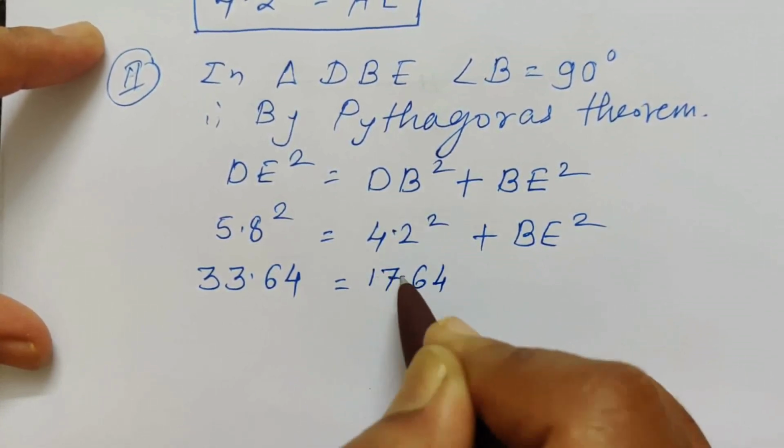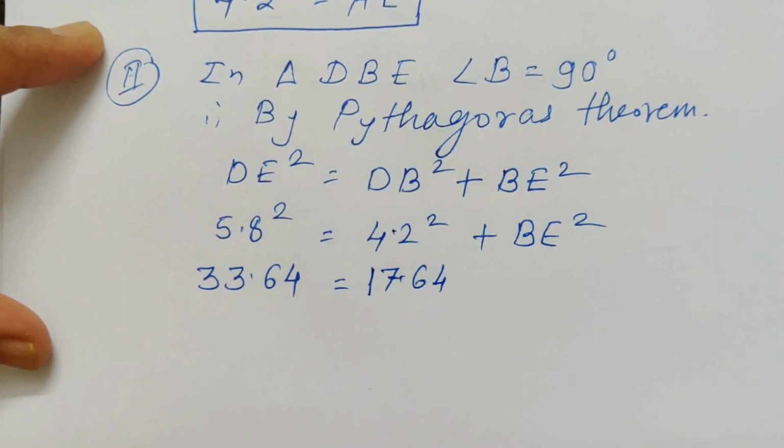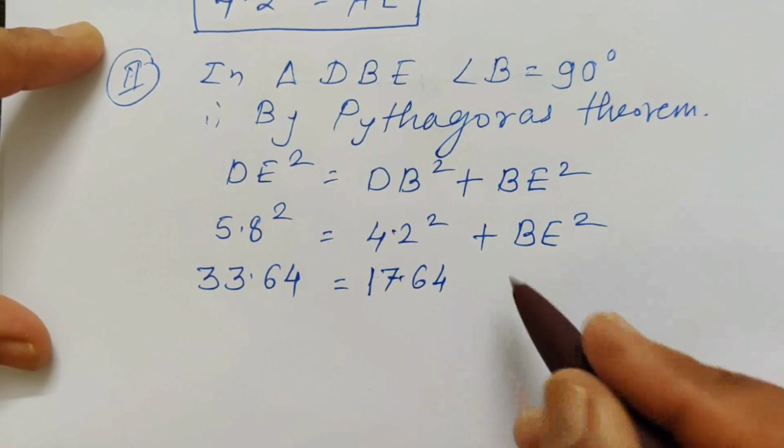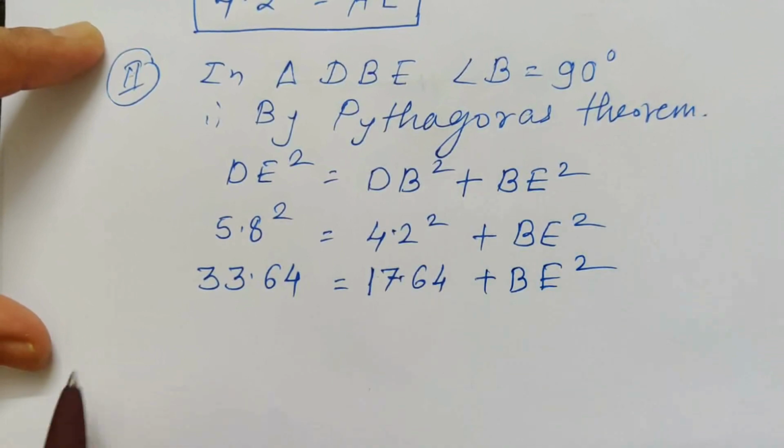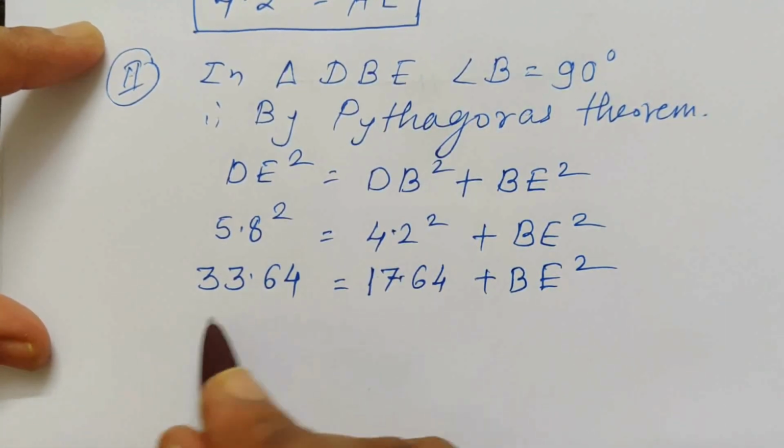See, all these are with us only. In the first part we used this and it came again, plus BE square. We want BE, so it will go to this side and subtract.